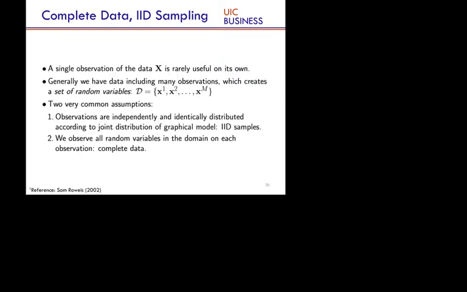A single observation of the data is rarely useful on its own. Generally, you have some number of data points, 1 to, let's say, m. When you estimate parameters, you typically assume the observations are independent and identically distributed, which means the same theta generated all my m examples.